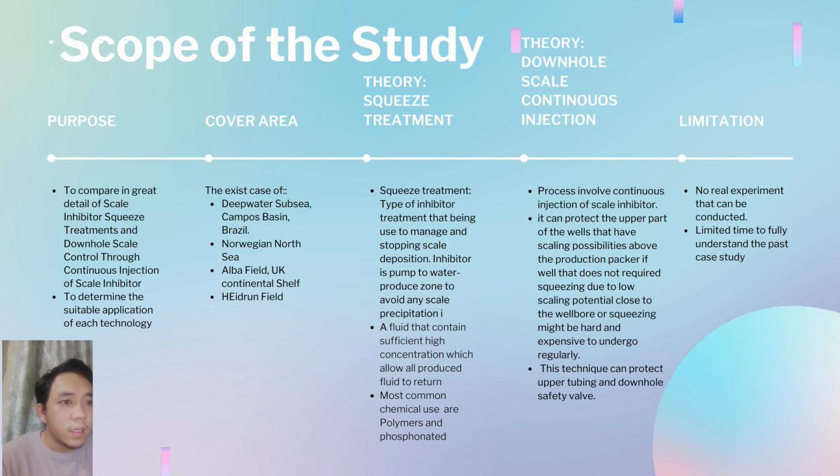The technique can also protect the upper tubing and downhole safety valve. As for the limitation, we do not have a real experiment, and we have limited time to understand all the case studies.